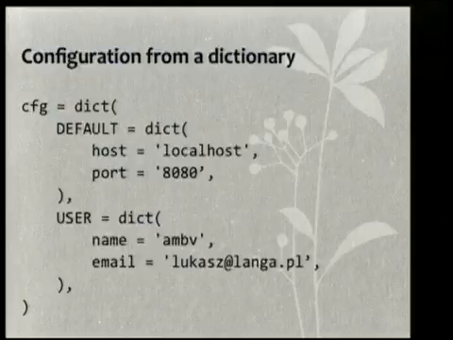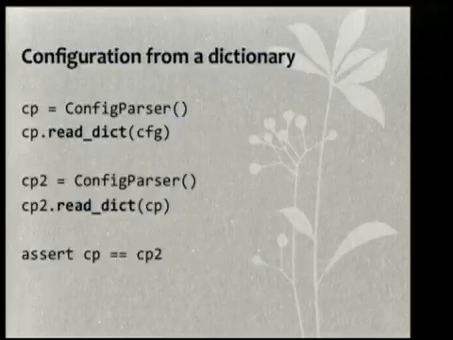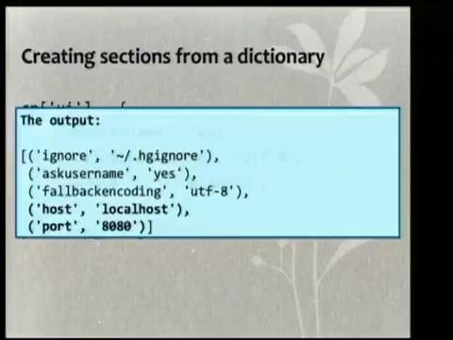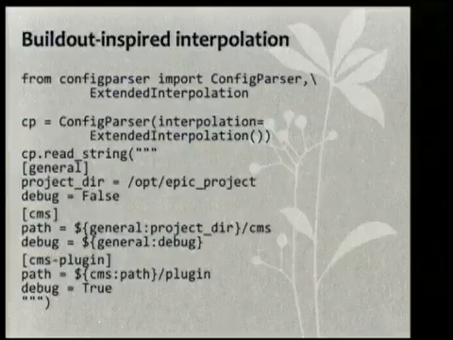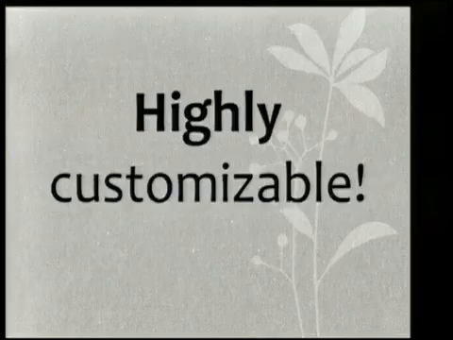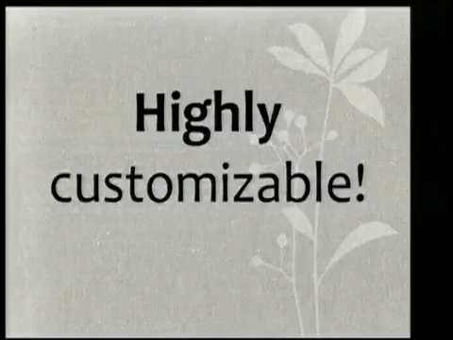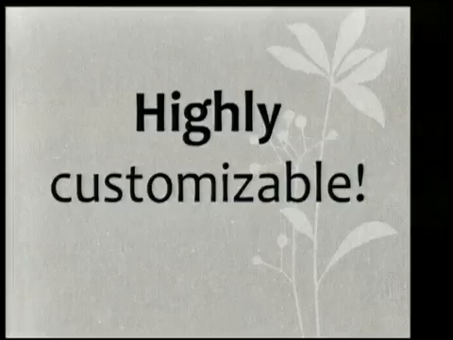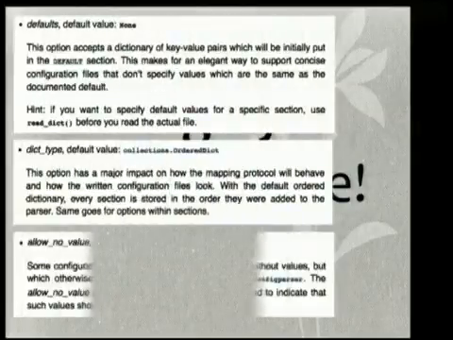It's very configurable, so you can fetch configuration from a dictionary, you can create sections from a dictionary. The output is like this. Yeah, and it even supports a buildout-inspired interpolation, which is kind of nice. It's highly customizable, which is all documented on our website.